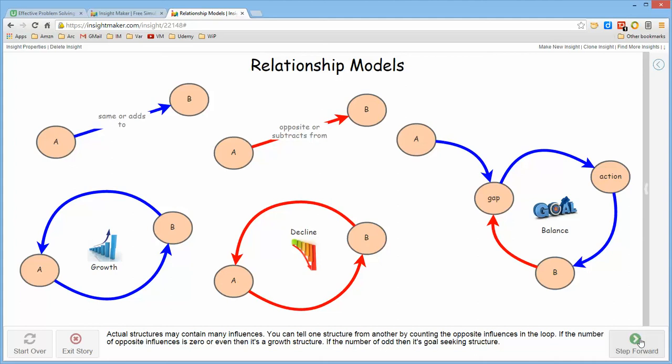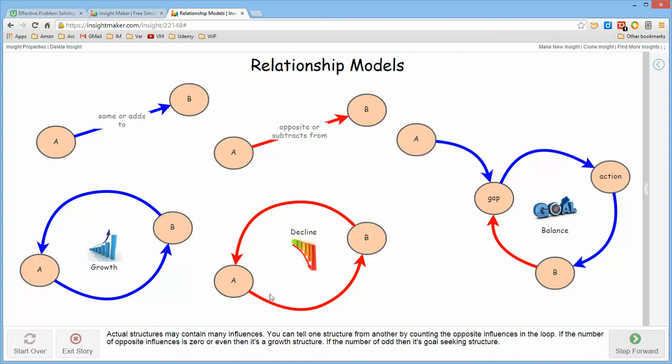The way that you can tell one from another is to simply walk the structure and count the number of opposite influences in the structure, and if it is 0 or even, then it's a growth structure. If it's odd, it's a goal-seeking structure. By definition, this contains no opposite structures, so it's growth.